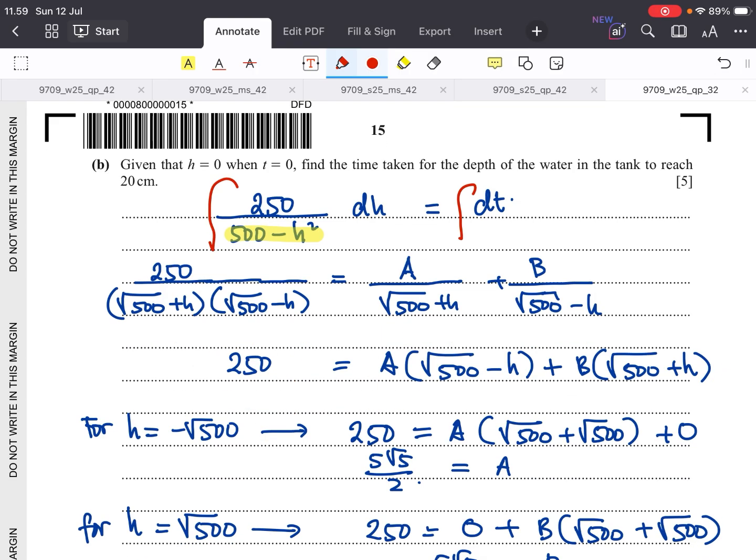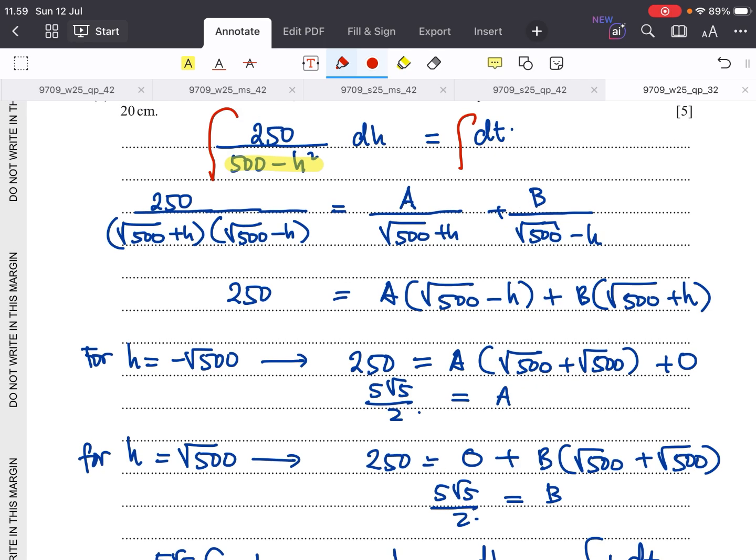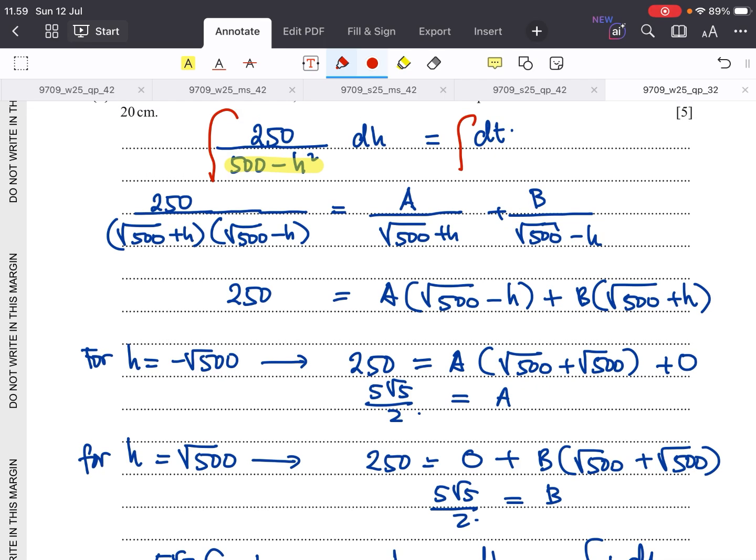In order to find the value of a, we substitute h with negative square root of 500, so that this one will be 0. And then the value of a is 5 square root of 5 over 2.